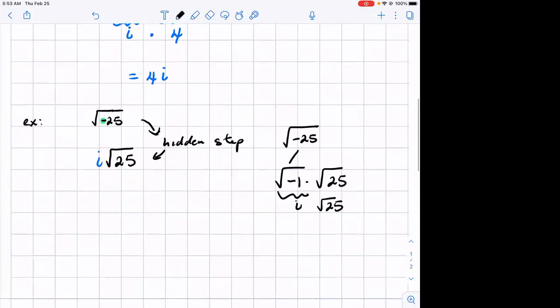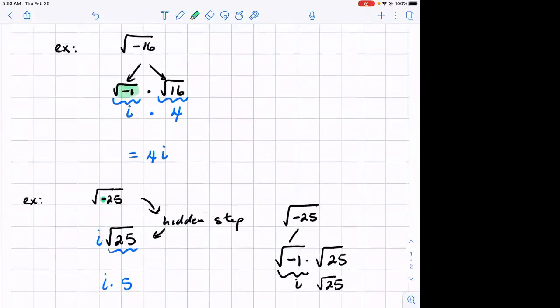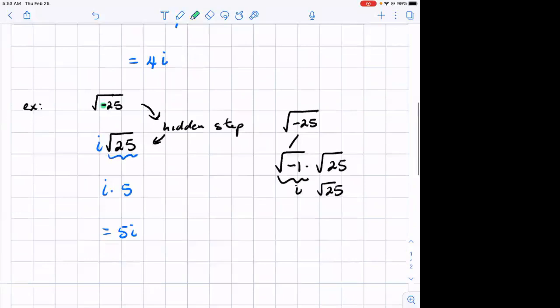Then we can simplify: the square root of 25 becomes i on the outside times 5, and that becomes 5i. So that's what I'm saying over here: sometimes you can just ignore that step and just write i, as I did in this second example.